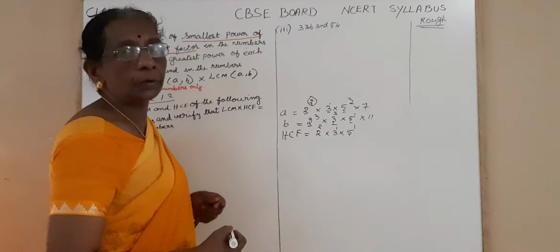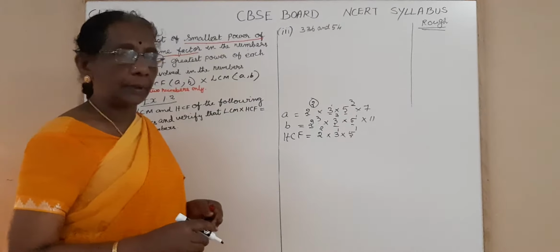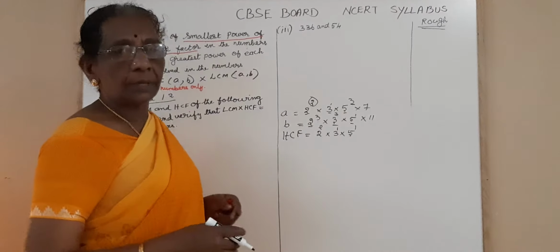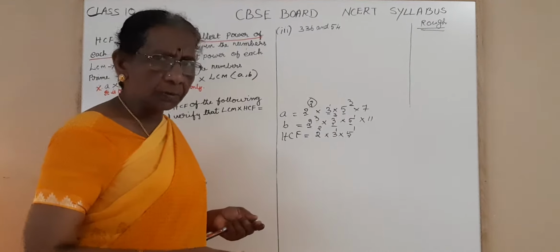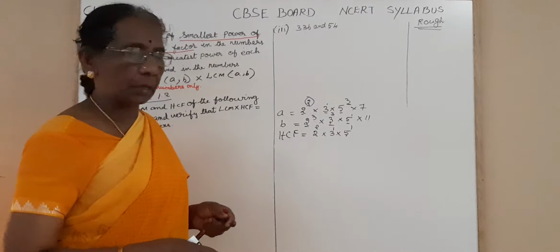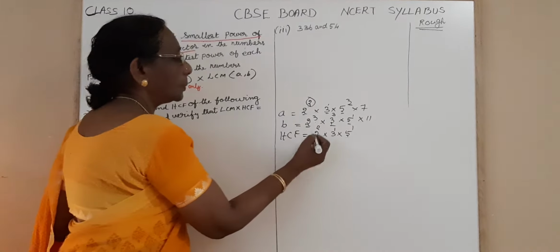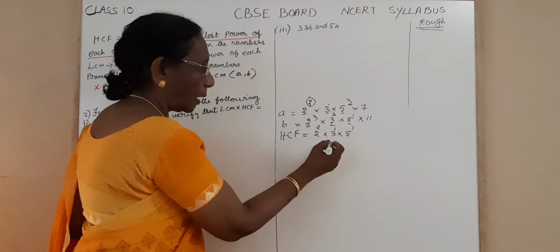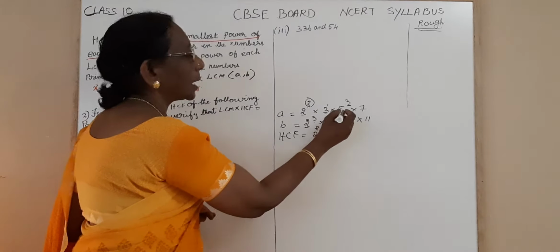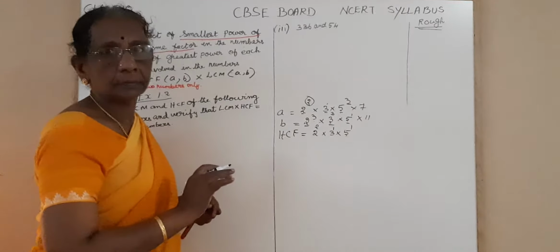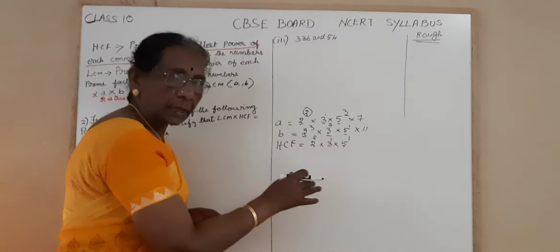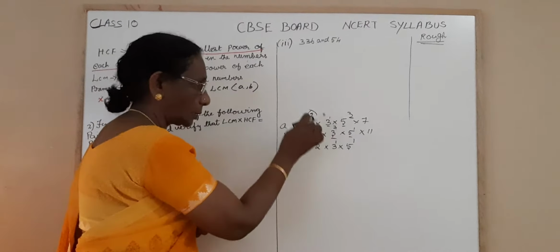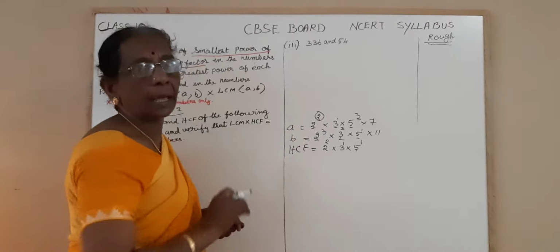This is the way you find the highest common factor, the HCF, of the given numbers using the prime factorization method. It is the product of the smallest power of common prime factors of the numbers. So first the common factors, then select the smallest powers, then multiply.